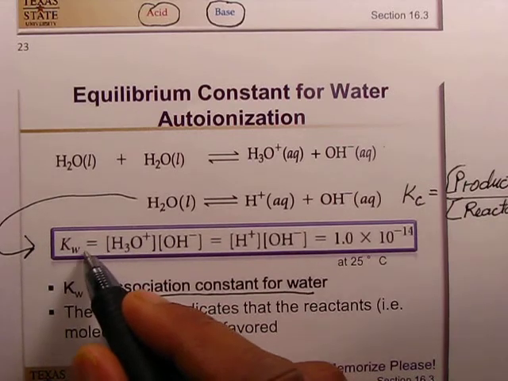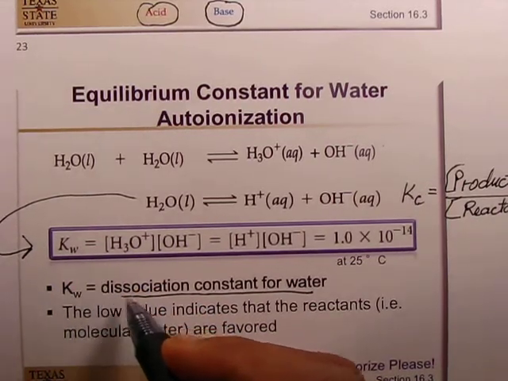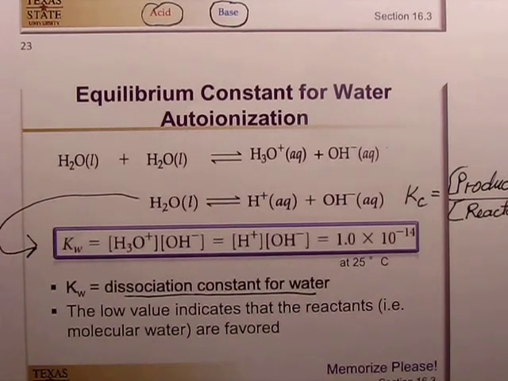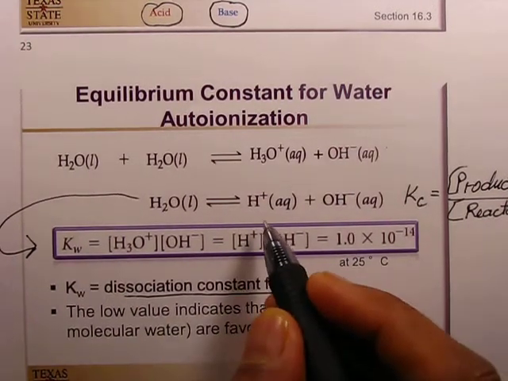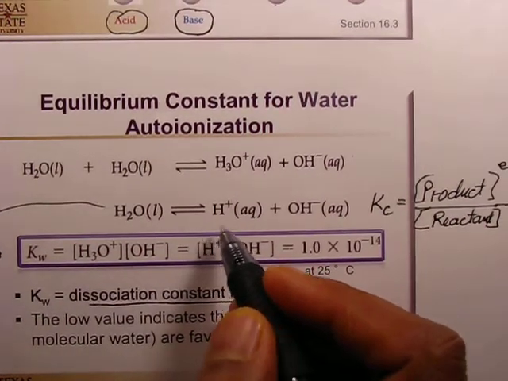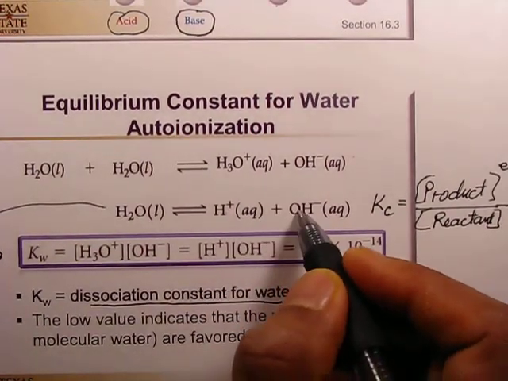This is an equilibrium constant, but we call this the dissociation constant for water, and we will write here the products, which are hydrogen ion and hydroxyl ion.